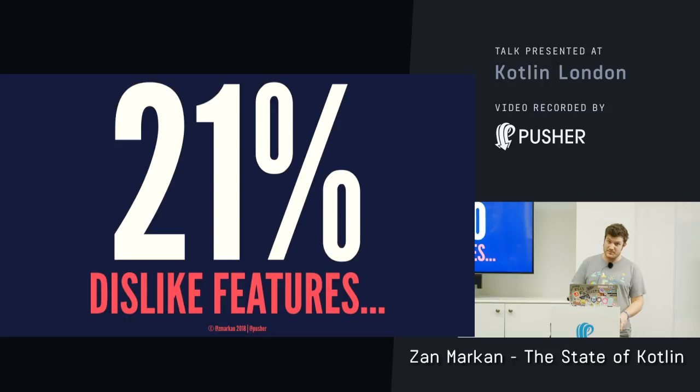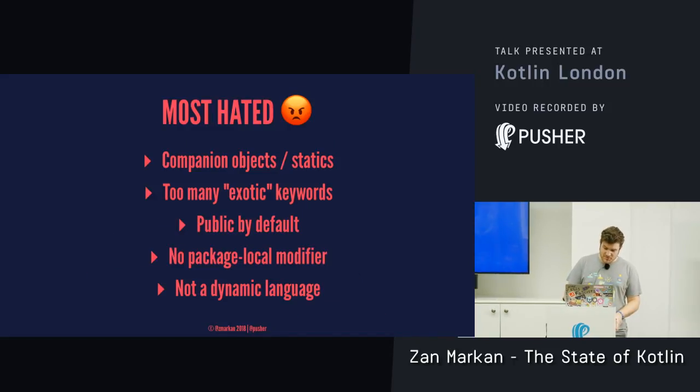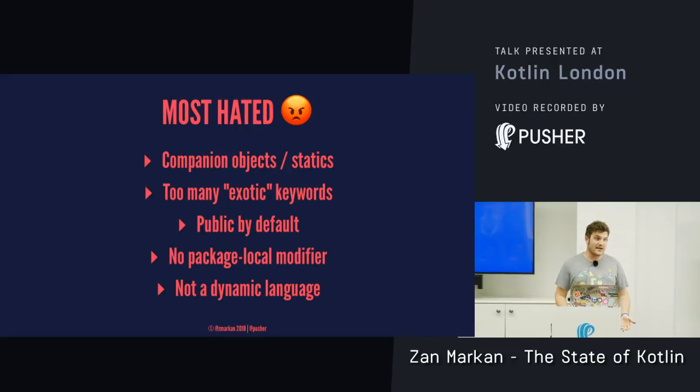21% of people don't like certain features in Kotlin. They don't like companion objects because the way it kind of counteracts statics in Java. Some people don't like it's all public by default, even though it's also quite immutable by default. Someone says it's not a dynamic language.